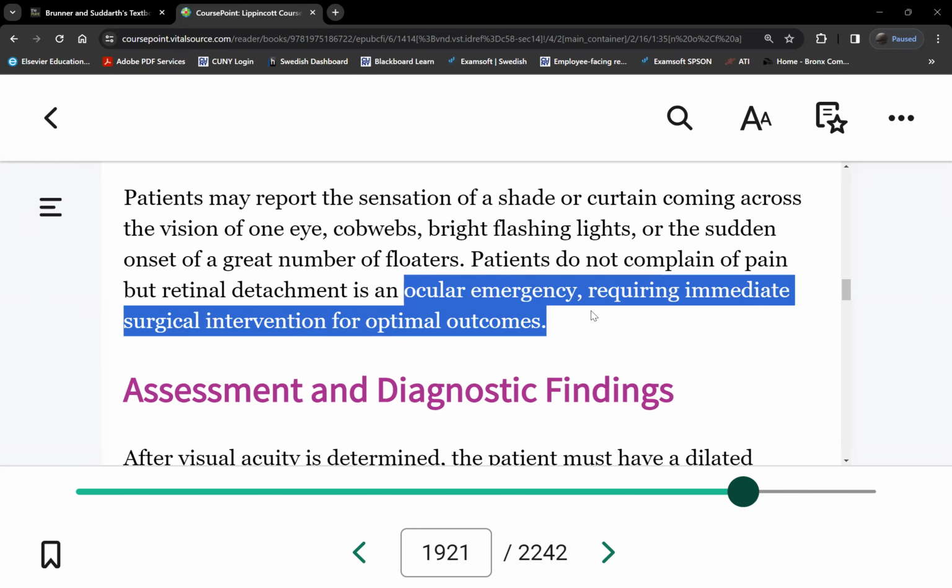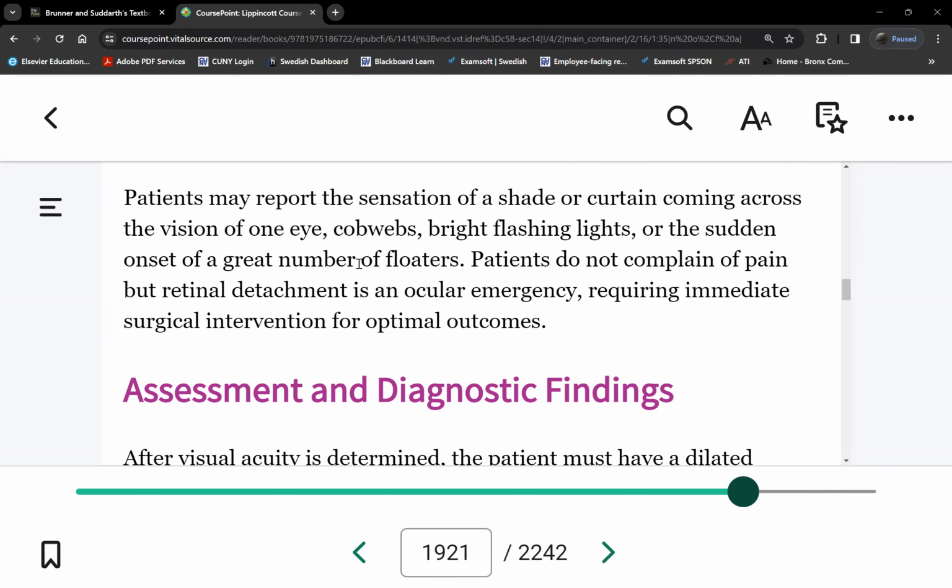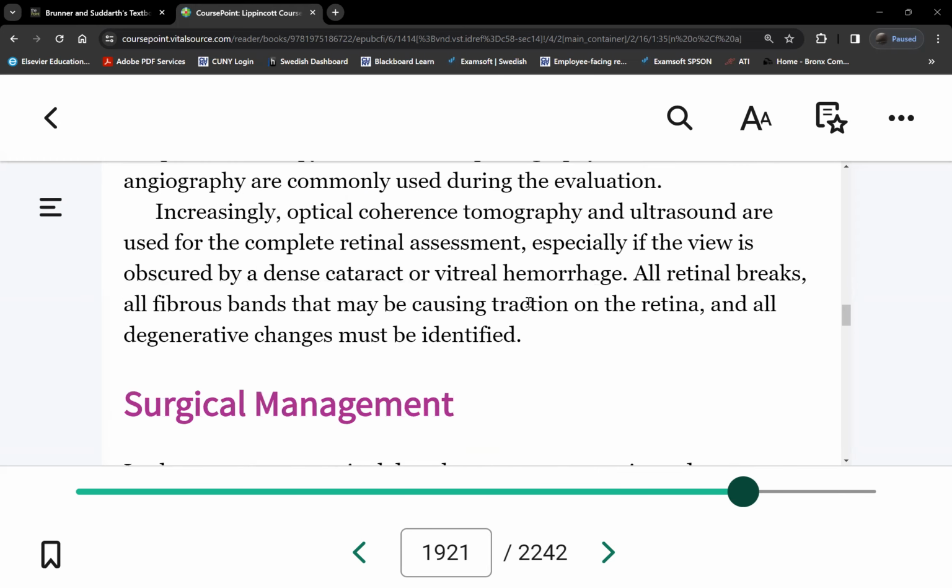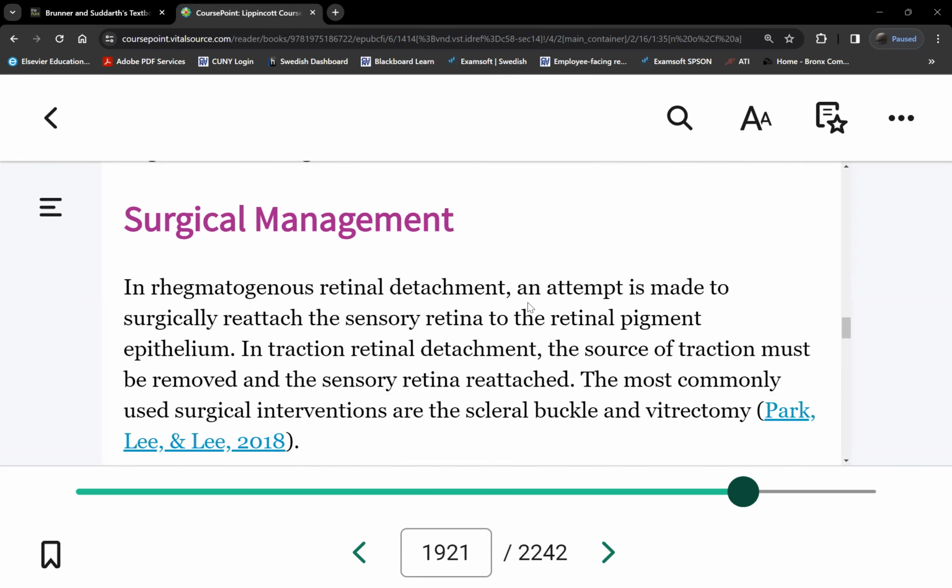It's an ocular emergency. We need to repair the detachment right away, because if you wait too long, then we can't reattach it anymore. There's a chance we can reattach the retina within a few hours or at least 24 hours after the incident. So here's the management.